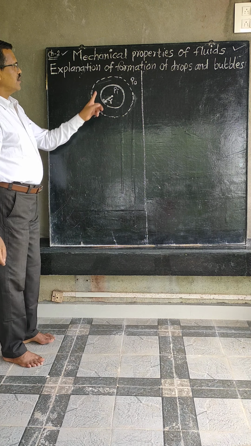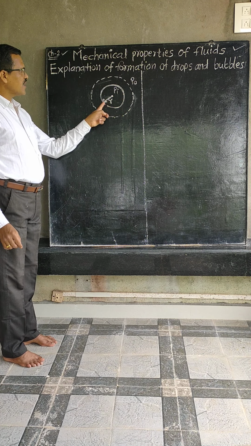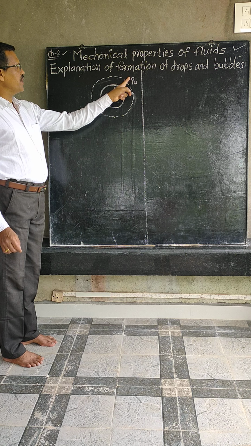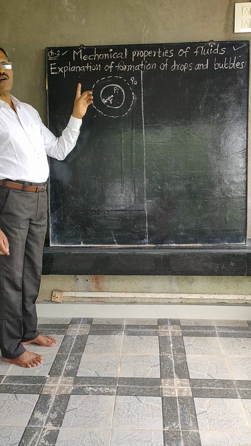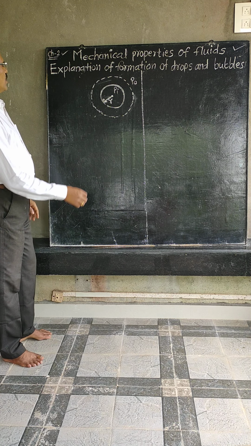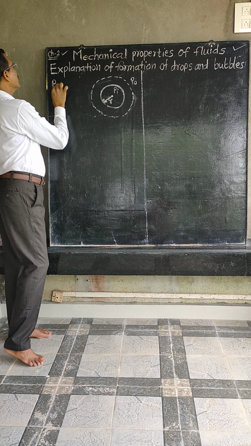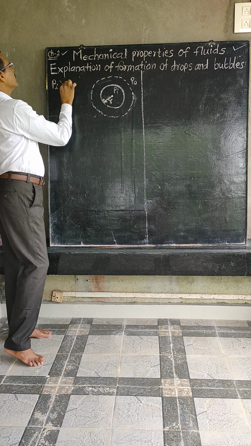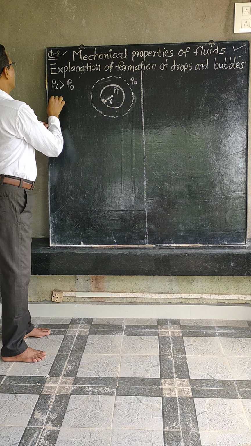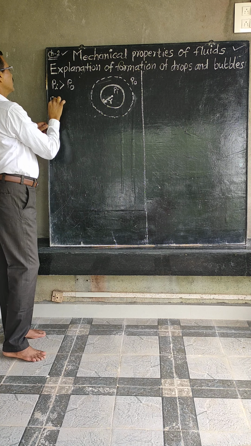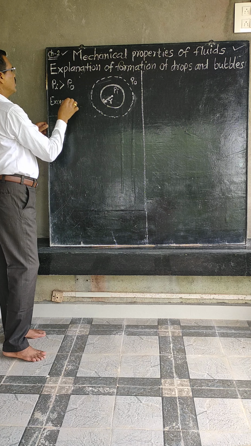Let Pi be the pressure inside this liquid drop and Po the pressure outside the liquid drop. Here the inside pressure is greater than the outside pressure.